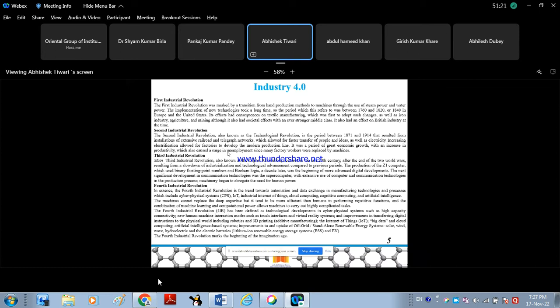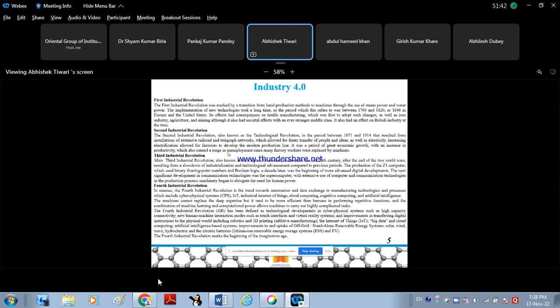machines. And the third industrial revolution, also known as the digital revolution, occurred in the late 20th century after the end of the two world wars, resulting from a slowdown of industrialization and technological advancement compared to the previous periods.